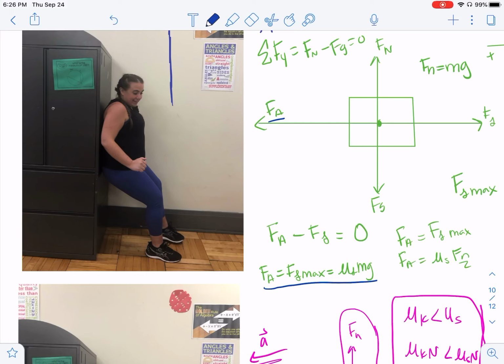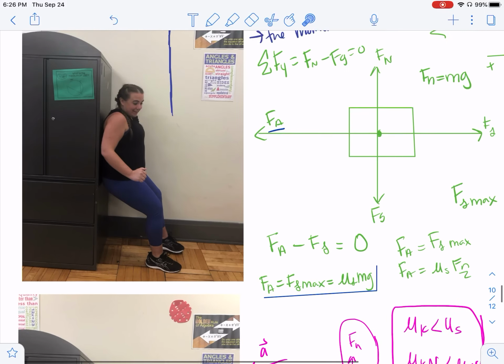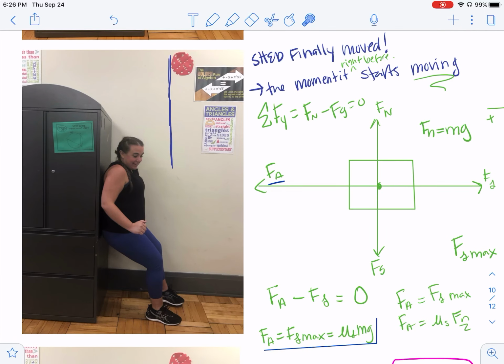After I hit that very special, that critical moment, then it was kinetic, and from there on out, my diagram looked like this, and I was only dealing with force kinetic. So once it's in motion, you have force kinetic, but you cannot get to force kinetic until you've done this critical point of overcoming that maximum static friction.